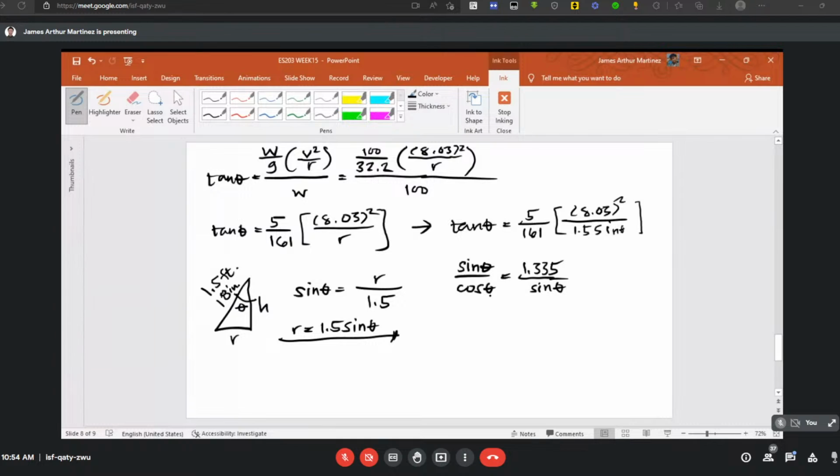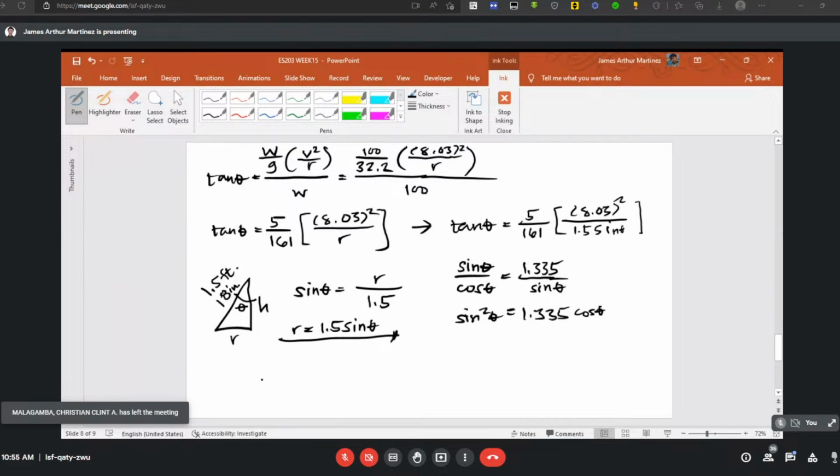And then cross multiply. So we have this resulting equation: sine squared theta is equal to 1.335 cosine theta. So we see only two trigonometric functions, no?